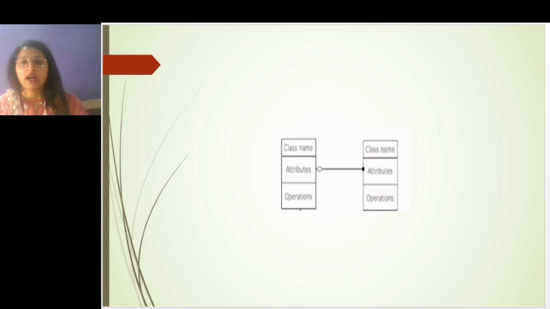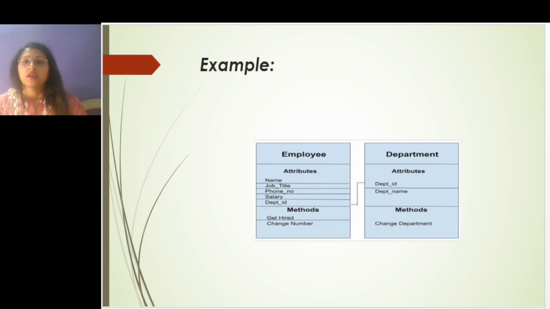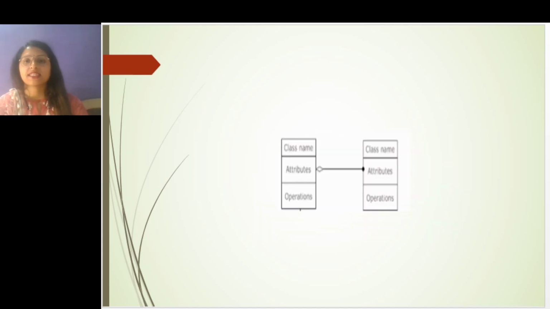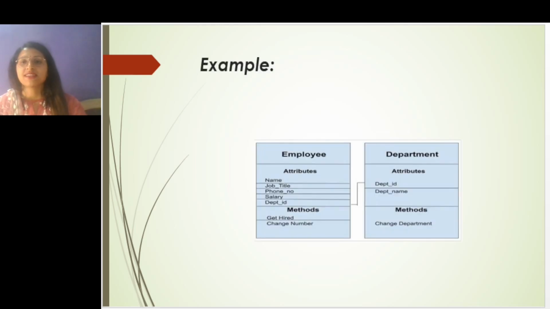How are you going to represent using the object-oriented data model? There will be a class name, attributes and operations. For example, the class names are employee and department. So your objects are the employee object and the department object.